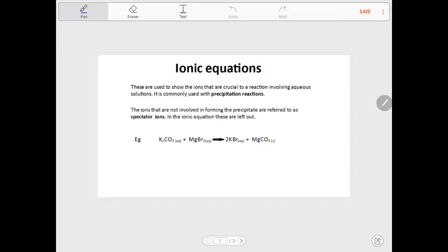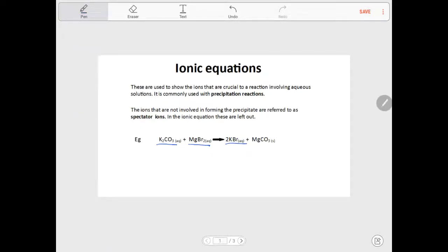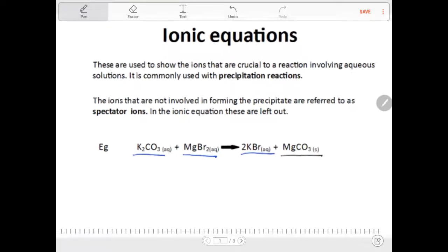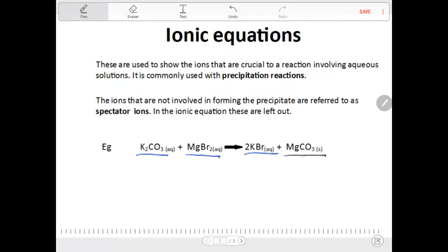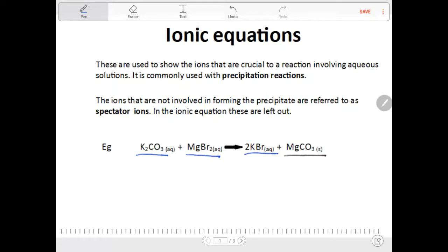Use a bit of colour coding here, and I'm going to underline in blue all the aqueous compounds here. And then finally we have our solid compound, the magnesium carbonate there at the end, which is solid with that S there. And the others are all aqueous. Now, compounds that are aqueous, we write these as separate ions.